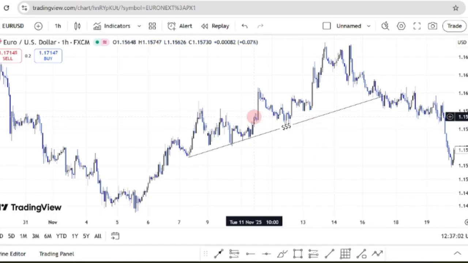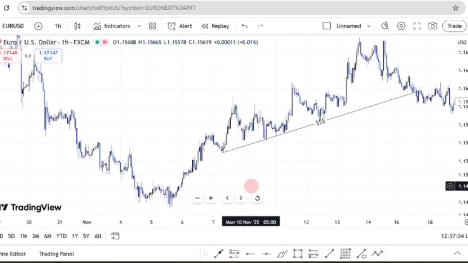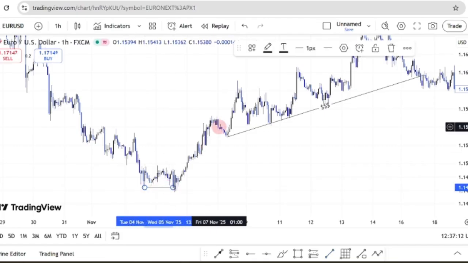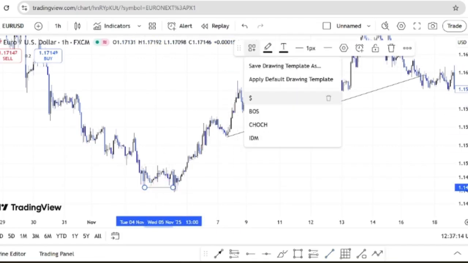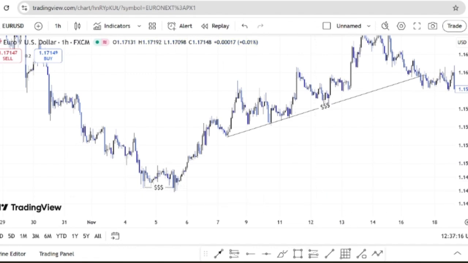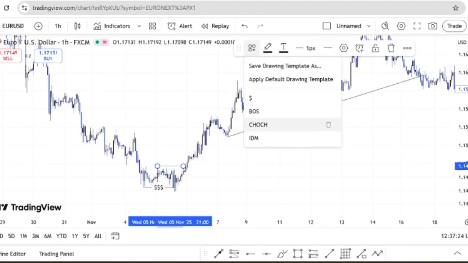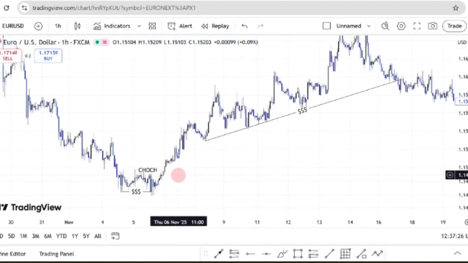Okay, so on this chart, we have this level here. This was where we had the last sweep of liquidity. So we have a change of character at that level. This was our change of character.